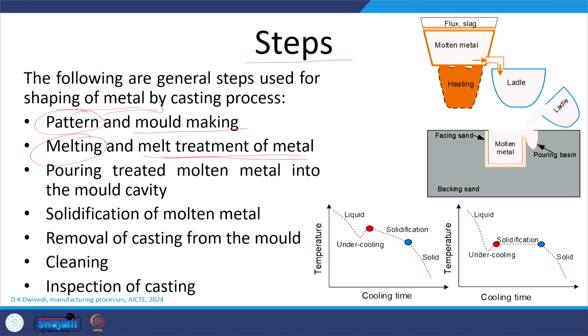This is particularly done for improving the quality of the molten metal, apart from controlling the proper temperature of the molten metal. So, here we can see a suitable heat source. This is, say, the furnace, and the heating is done in the furnace.